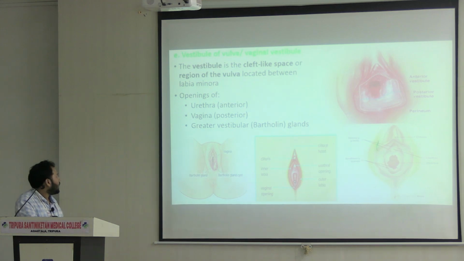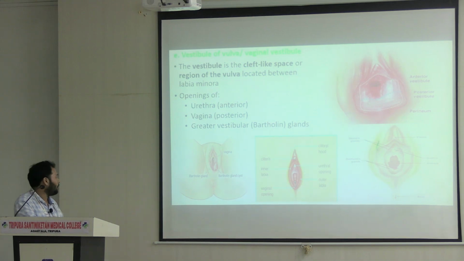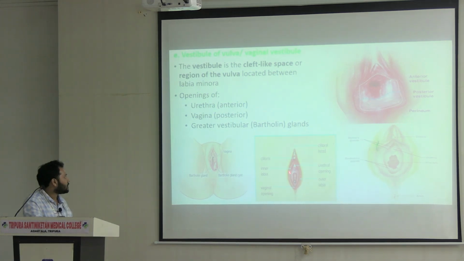Right? And this vestibule is important because it contains some openings. So what are the openings? The openings are the urethra and the vagina. You can see from the structures, this is the vestibular region.